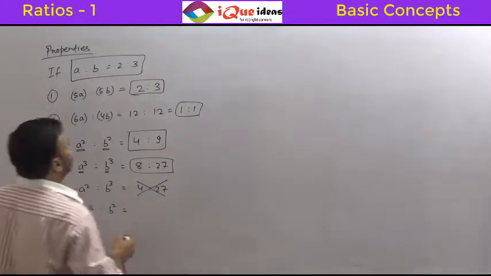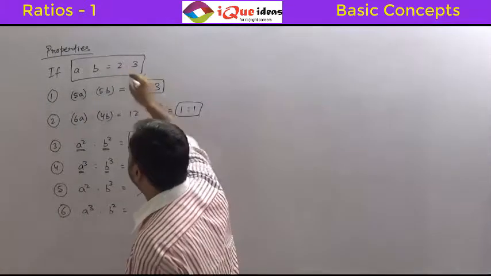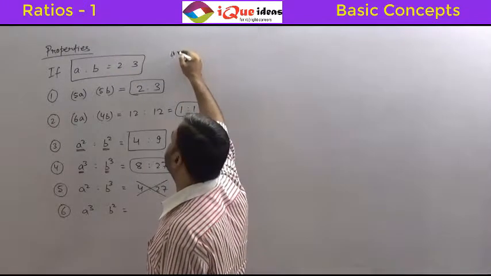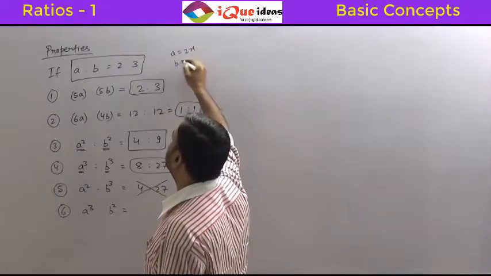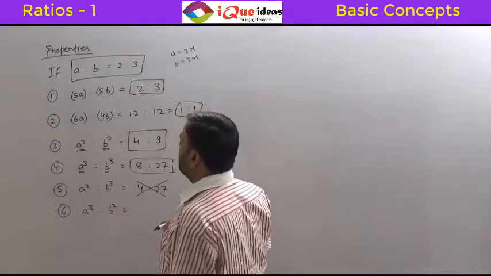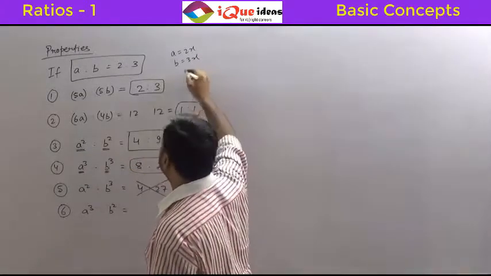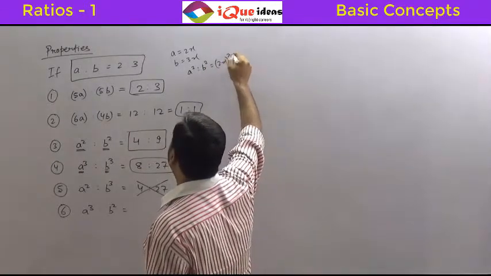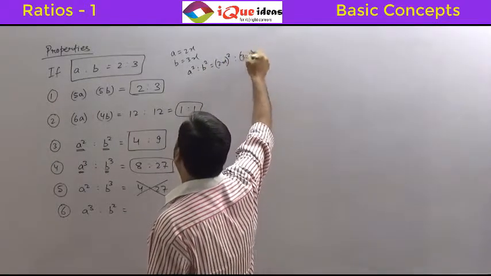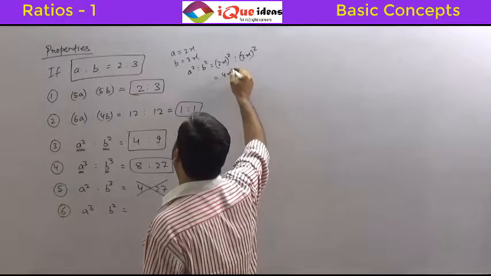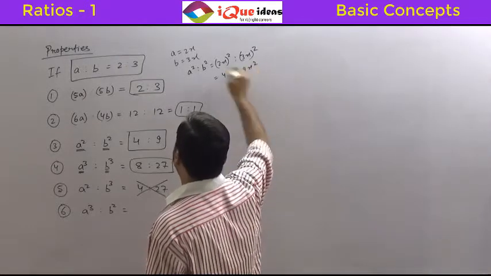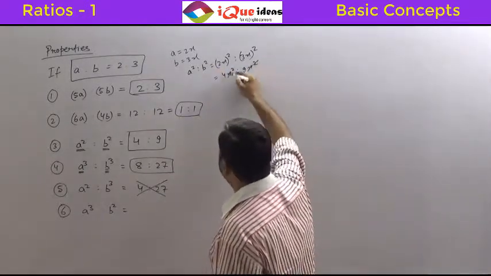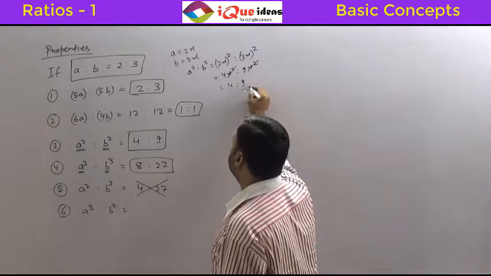Okay, let's understand from the other perspective. If A is to B is 2 is to 3, we can very simply take A equal to 2x and B equal to 3x. Suppose we have to find, let's say, A square is to B square. So A square is to B square will become (2x) square is to (3x) square, so 4x square is to 9x square. You see, we have taken the same power, so x square will get cancelled and we get the answer as 4 is to 9.